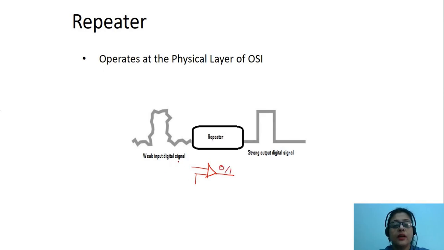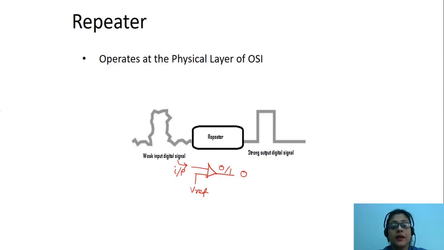Now here the input signal, which is having some noise in it, is fed to one input of the comparator, and to the other input we feed a reference voltage. Right. Now if the reference voltage is higher than the input voltage, then the output of the repeater will give a 0.